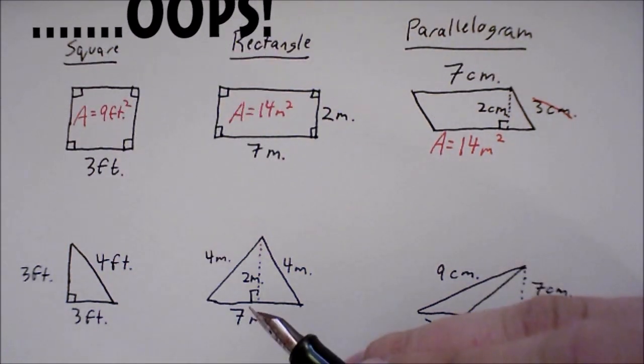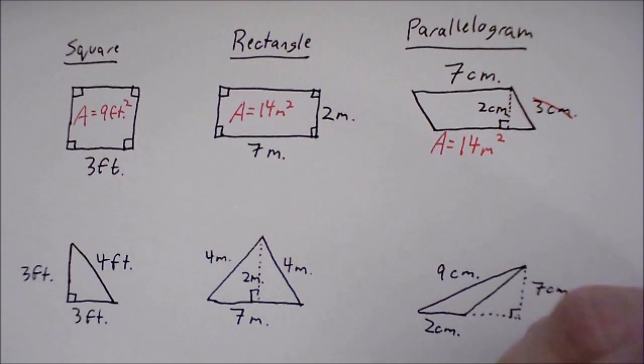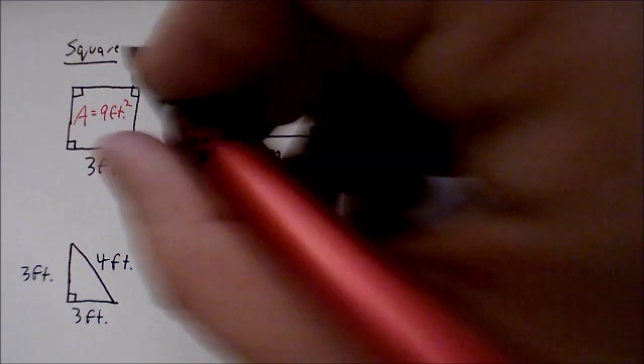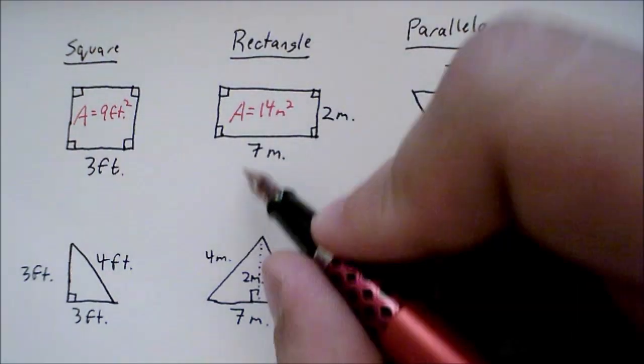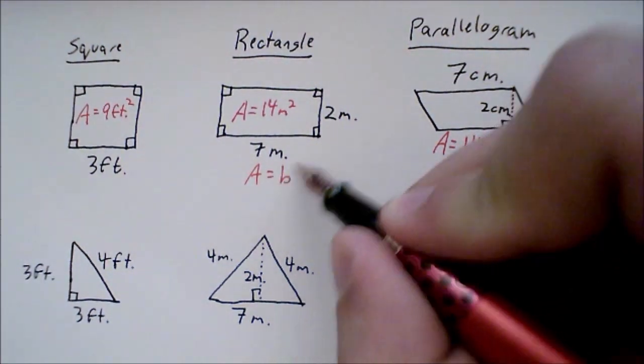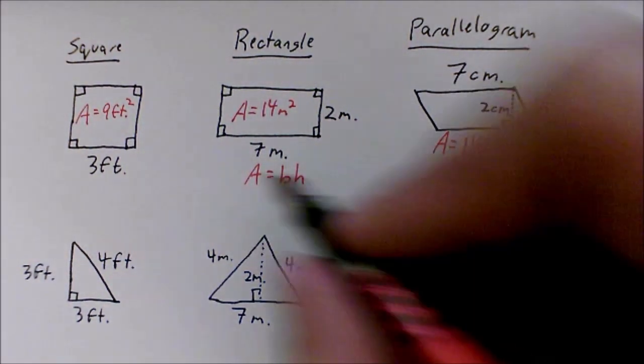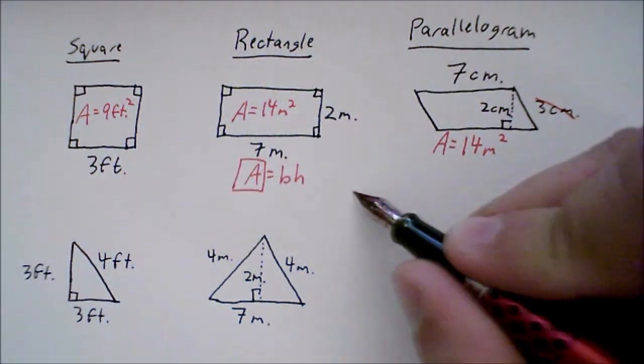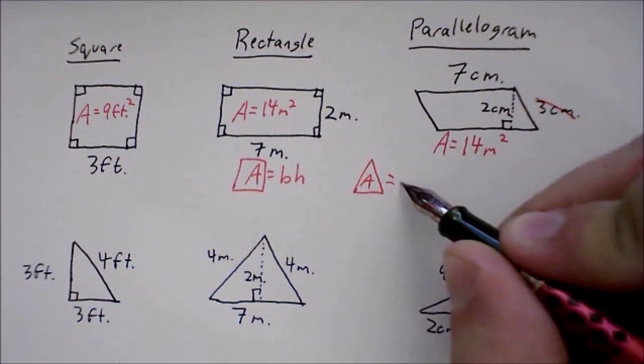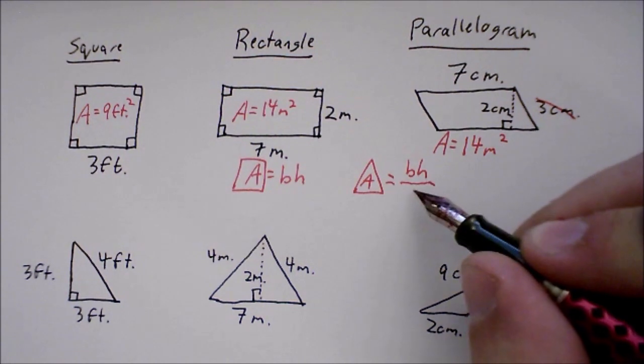Moving along to triangles, we have a change in formula. While for parallelograms, all 3 of them, the formula was area is base times height, for triangles that formula is going to be area is base times height divided by 2.